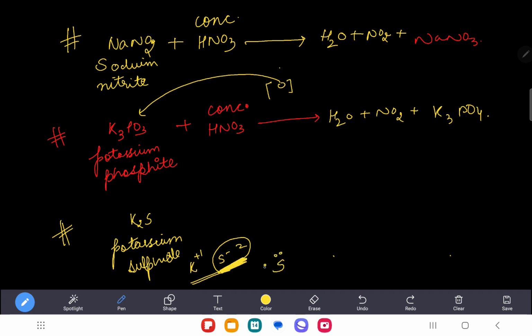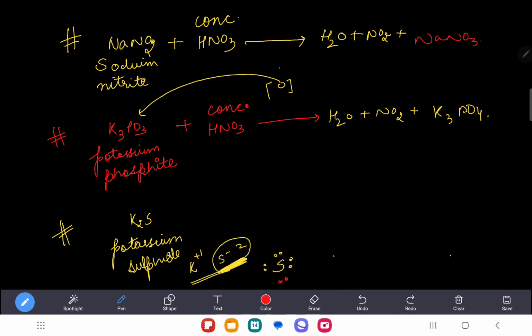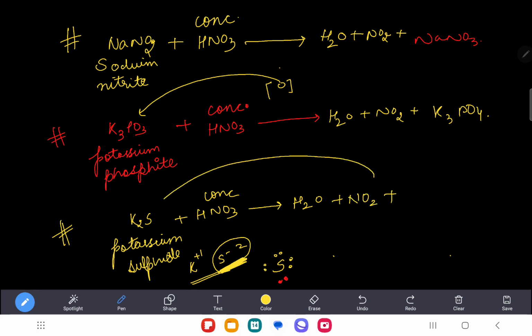Sulfide has 6 electrons of its own and 2 extra electrons. So that basically means that when you are adding concentrated HNO3 to this, it is going to give you H2O plus NO2. And that nascent oxygen, when it comes here, sees sulfide.